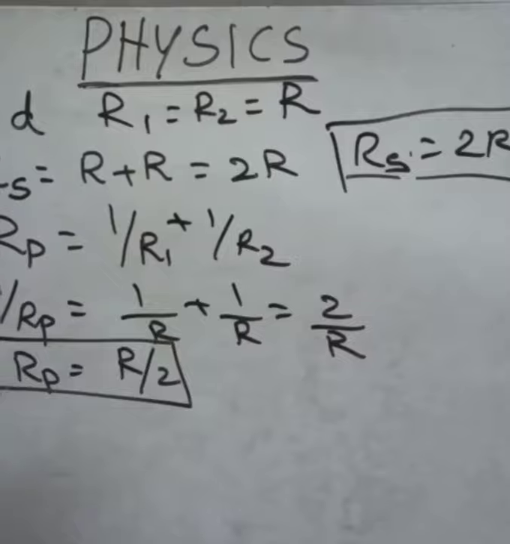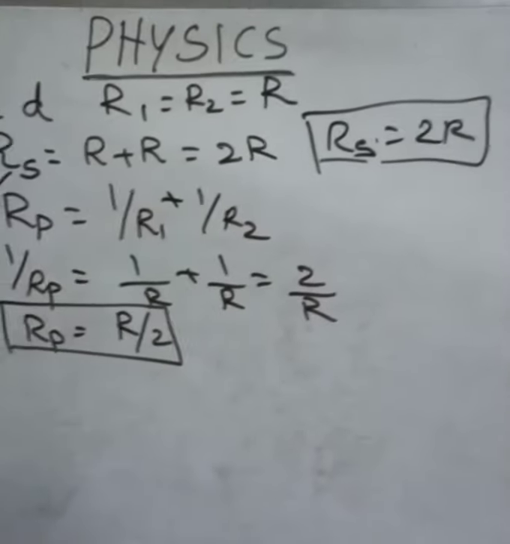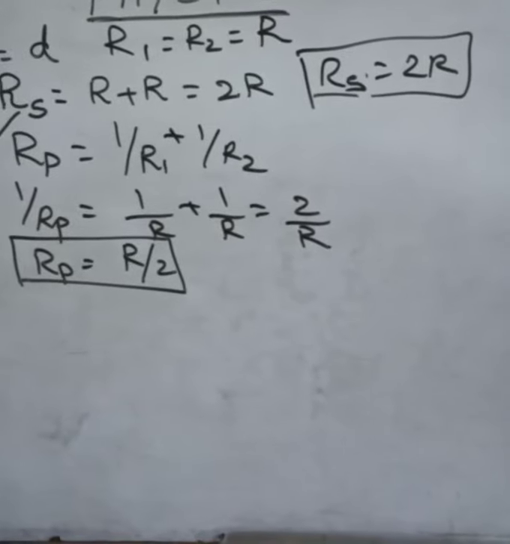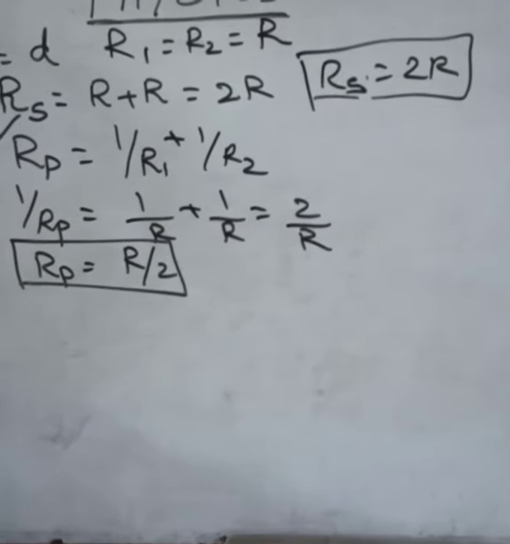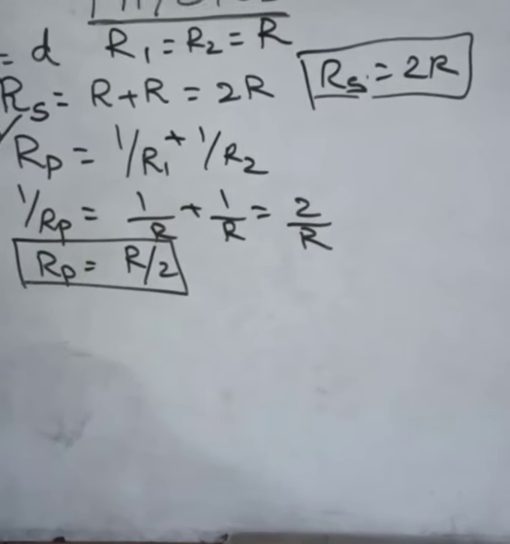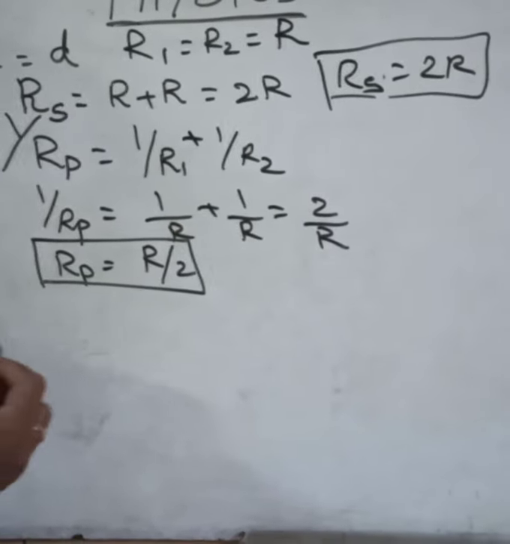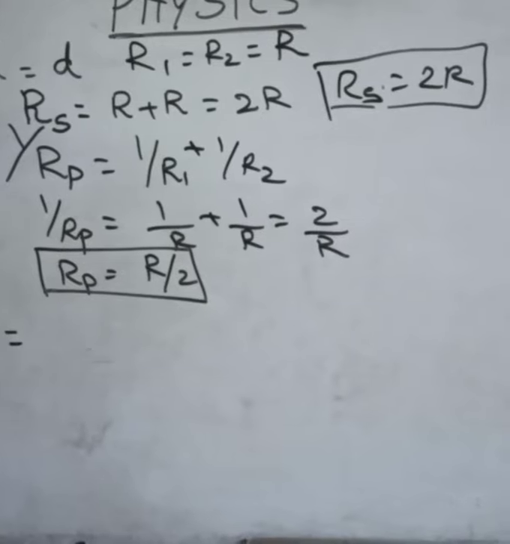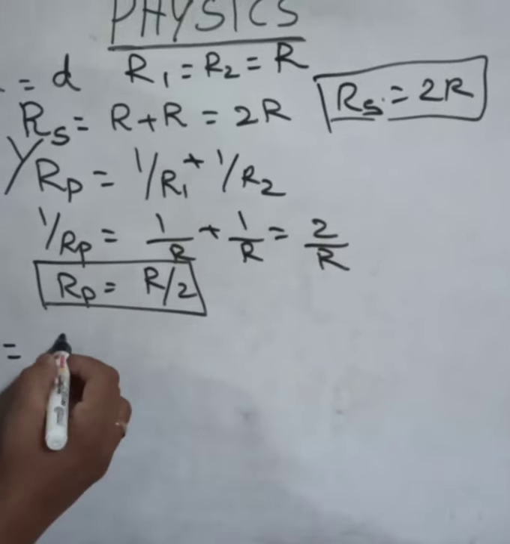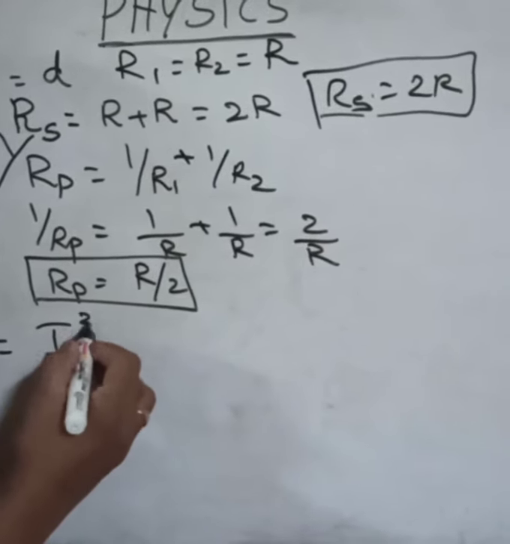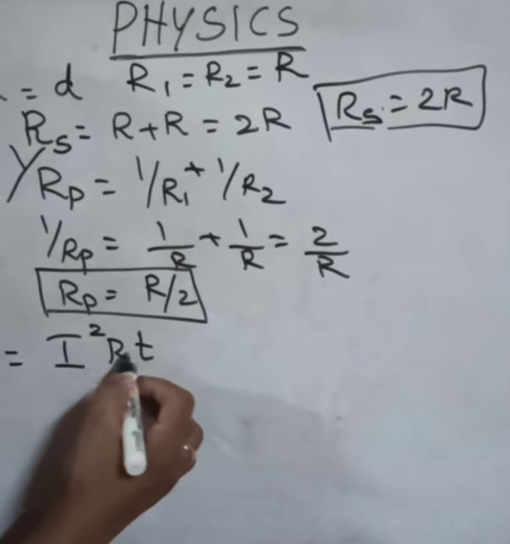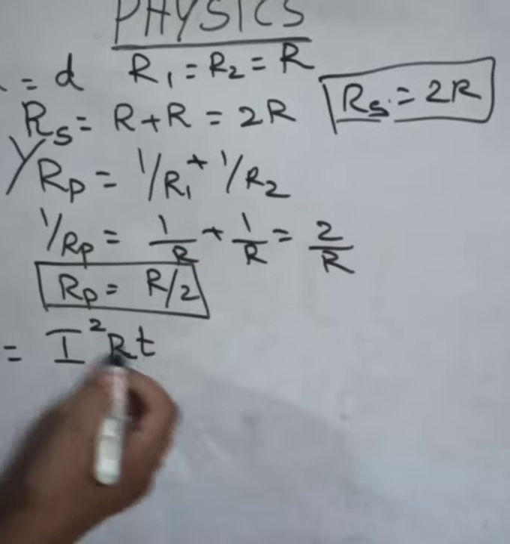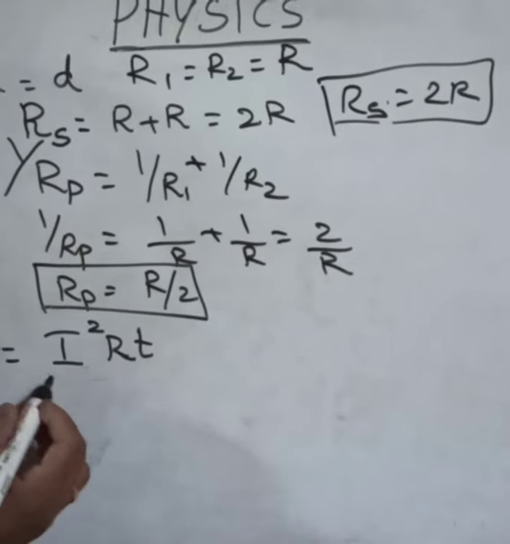What is asked? You have to find out the heat produced by the resistor in series combination to parallel combination. So first you can take HS, heat produced in the series combination. What is the formula for heat produced by a resistor? You know that by Joule's law of heating, I squared RT. Remembering the formula? Yes. So HS is equal to I square RT.